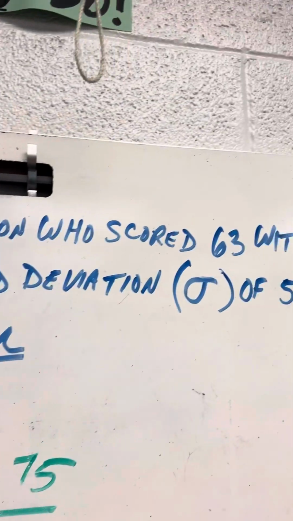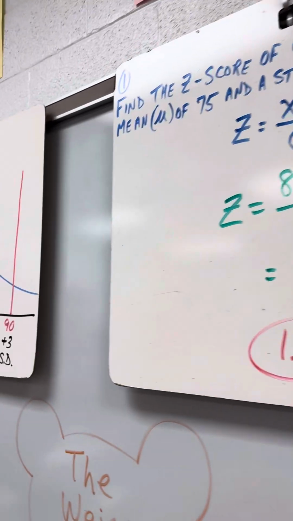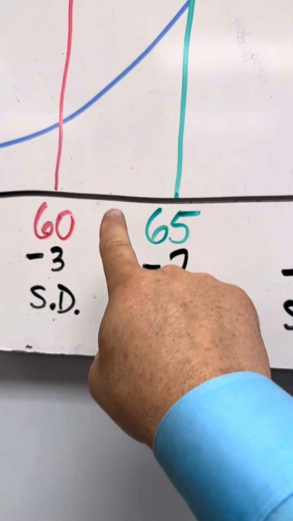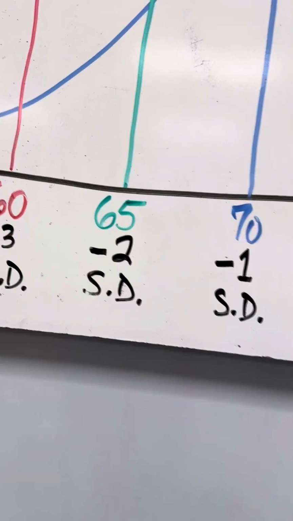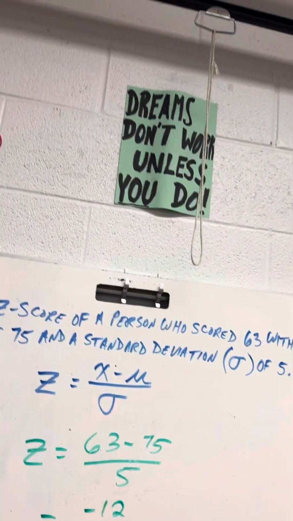Here, this person scored 63. I'm using the same chart. 63 is going to be over here somewhere. It's going to be between -2 and -3, right? So my answer should be between -2 and -3.